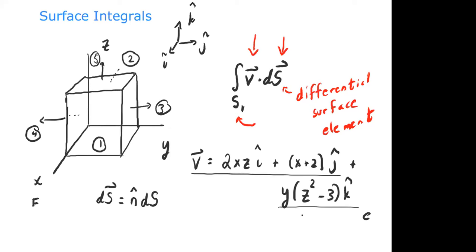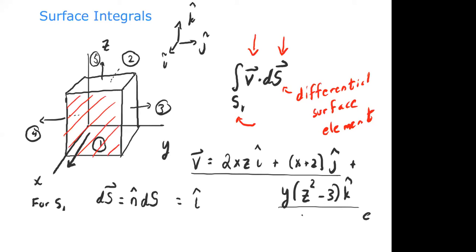So for surface 1, the unit normal vector is always going to point outside, away from the closed surface. So n hat is going to be simply the unit vector i hat.